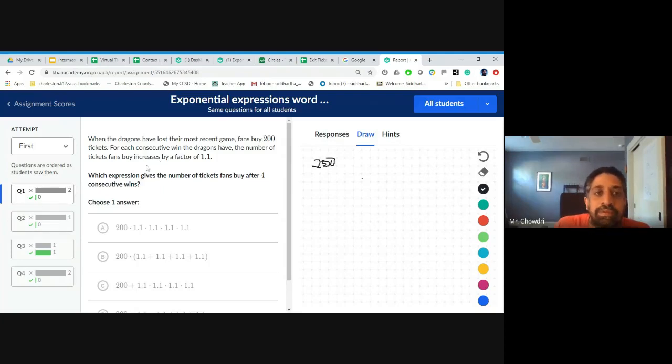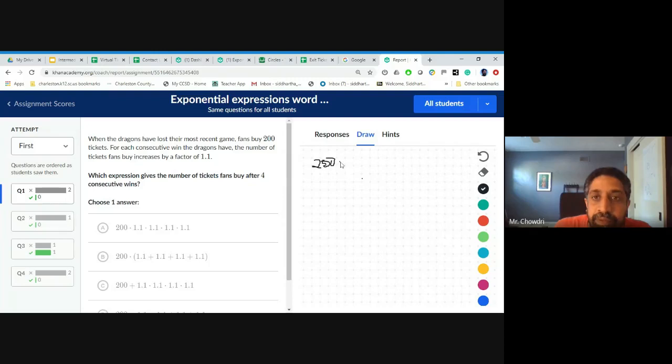So when something is increasing by a factor of 1.1, it means take the original number, 200 in this case, and then multiply it by that factor. So that is the factor that increases it. And so it's saying after 4 consecutive wins, how could I express that?